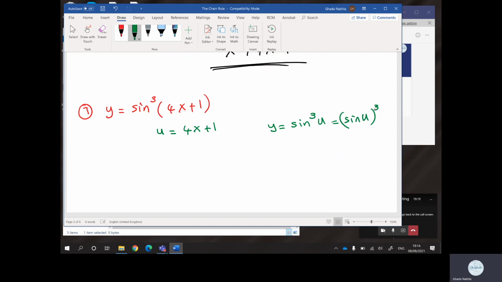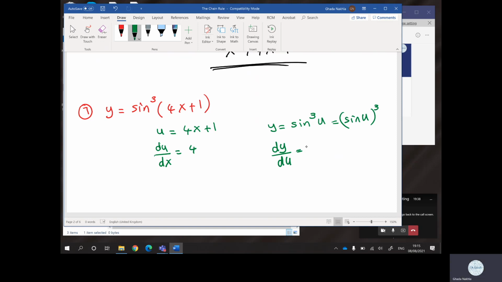This is the same. So differentiate: du by dx is 4. dy by du, and in this case I'm going to use the quick chain rule.